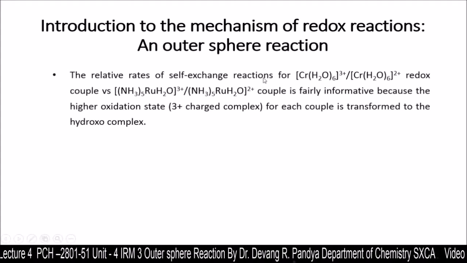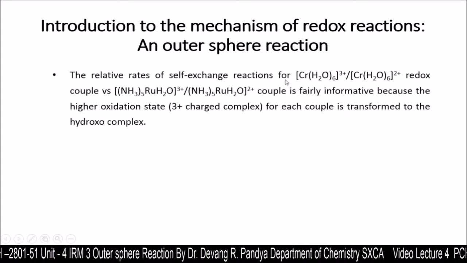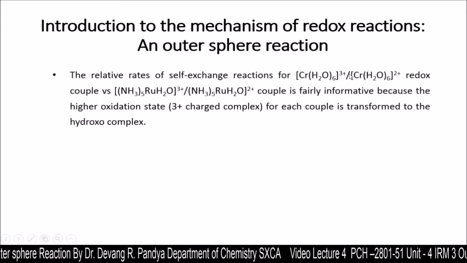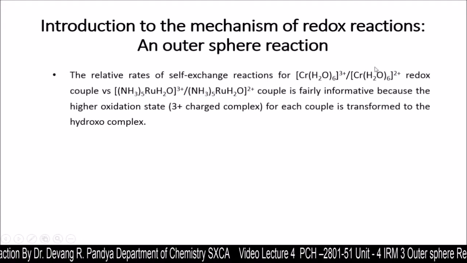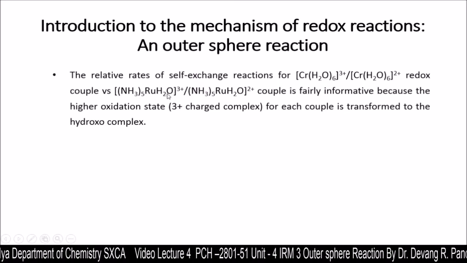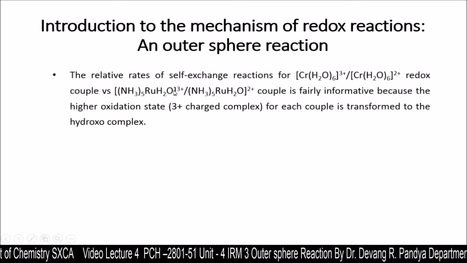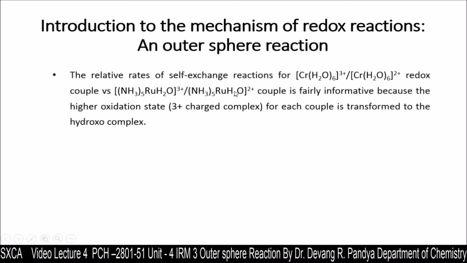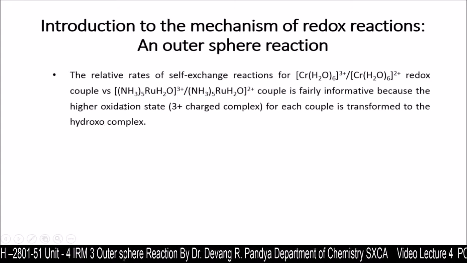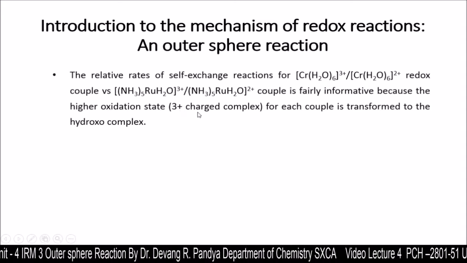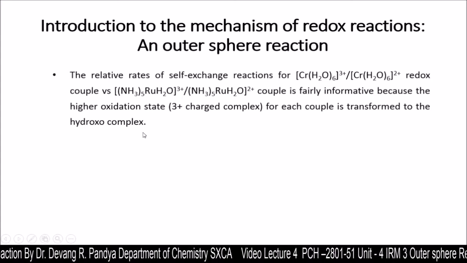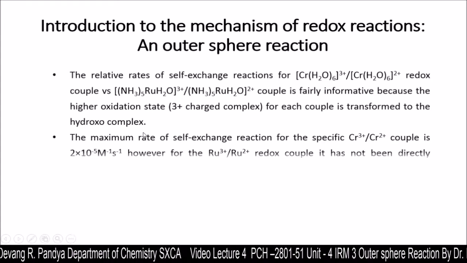The relative rate of self-exchange electron transfer reaction for the hexaaqua chromium +3 and hexaaqua chromium +2 redox couple versus the ammine monoaqua ruthenium complex +2 couple is fairly informative, because the higher oxidation state, that is the +3 charge complex for each couple, is transferred to a hydroxo complex.